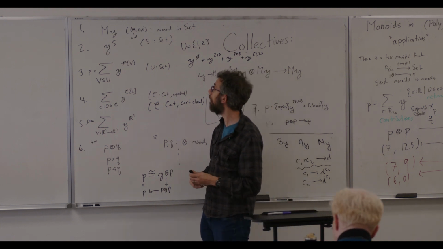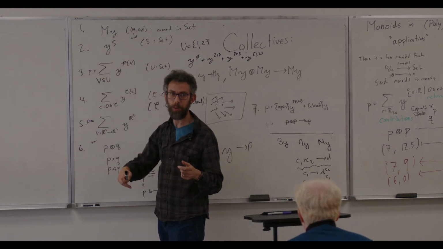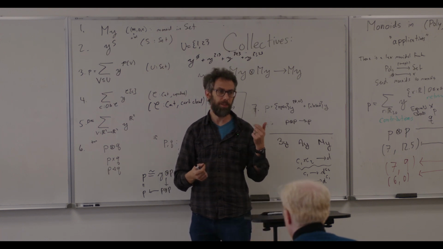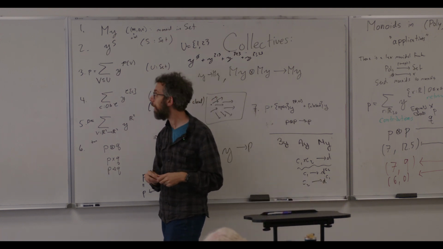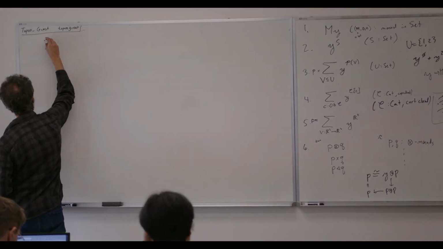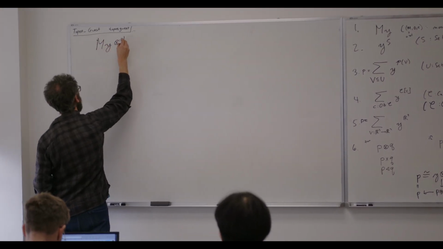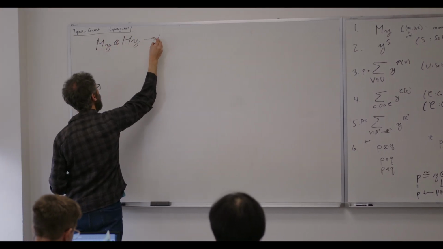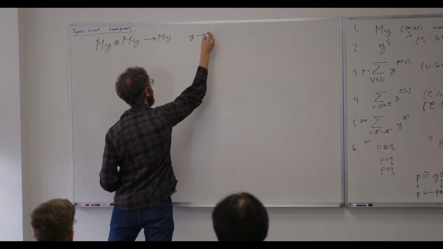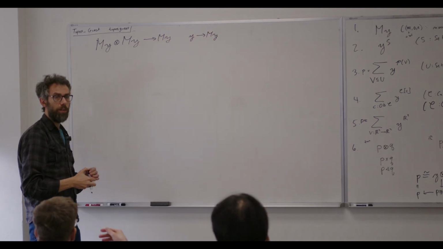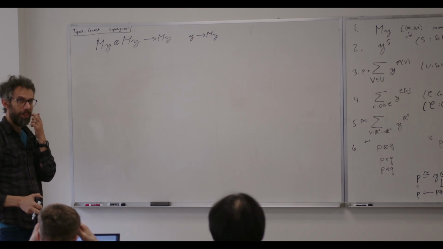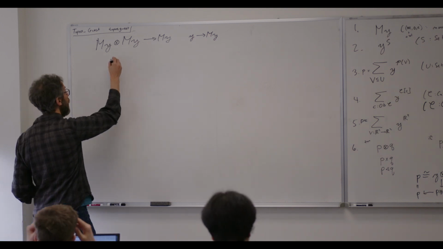And given a return, there's only one return: you don't get anything back, so you just get an element of M back. So if M is a monoid, we have a map from My times My to My, and a map from Y to My, and they're associative and unital, so nothing's really happening there. Just use the monoid structure.